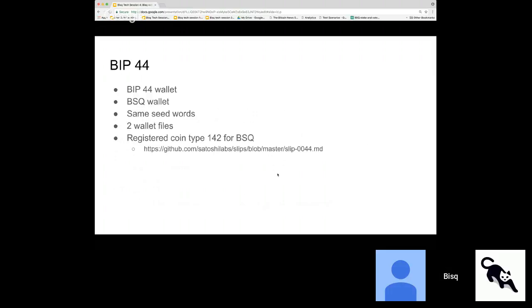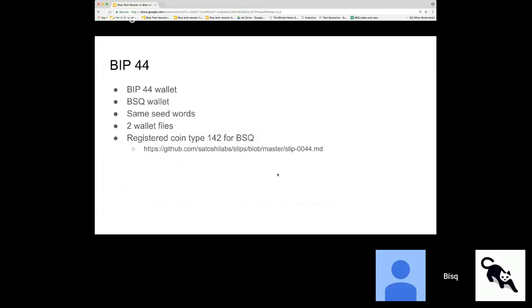Yeah, the basic idea with BIP44 is that extra paths were added in the tree structure of the derived keys. So with an HD wallet, you have a master key, a root key, and from there, I don't remember exactly how the paths are, but you have a few layers of tree branches, and BIP44 added extra branches for defining, for instance, special coin types.